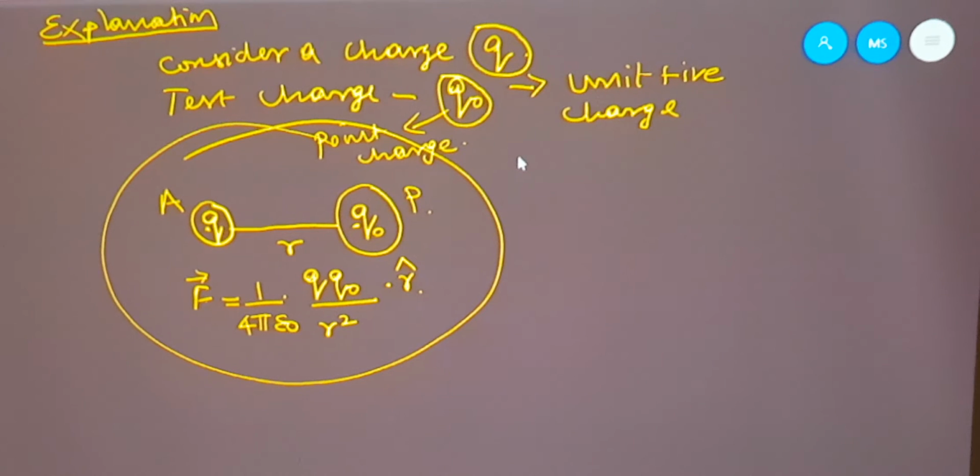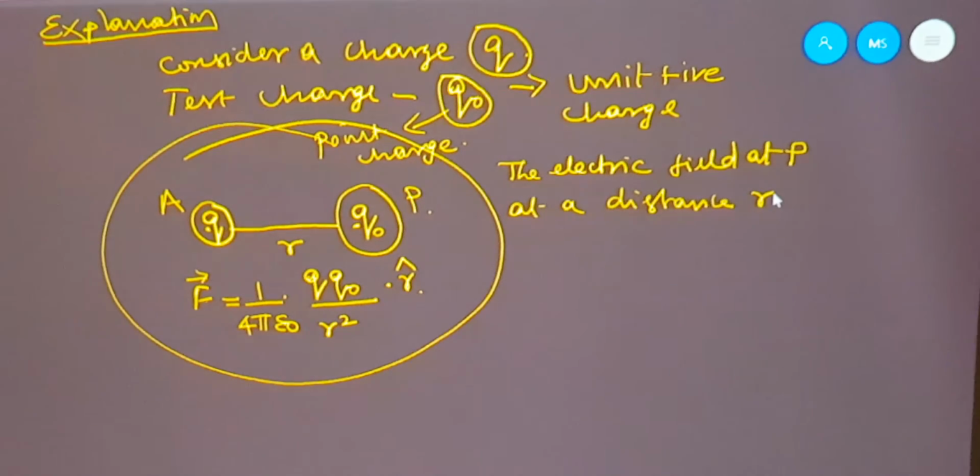See how Michael Faraday explained it: the electrical field at the point P where you have placed the test charge, at a distance R from the charge Q.